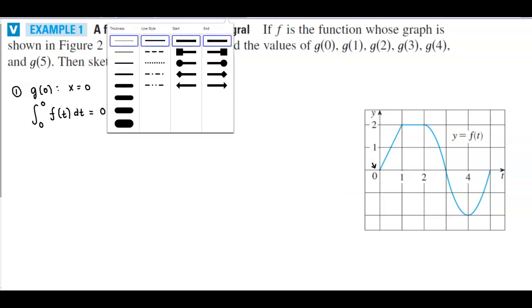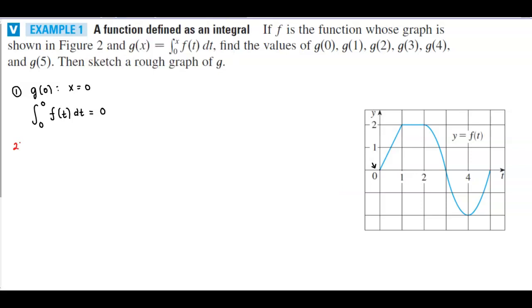Okay, now let's take a look at 2. When we let g of 1, that means that x is going to equal 1. So we have an integral that's going to go from 0 to 1 of f of t dt.